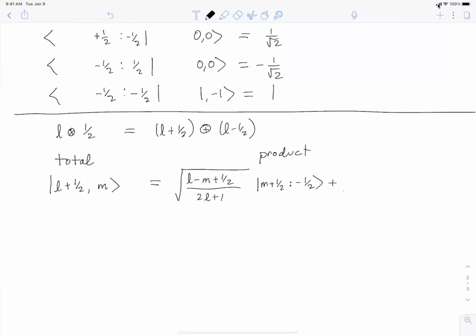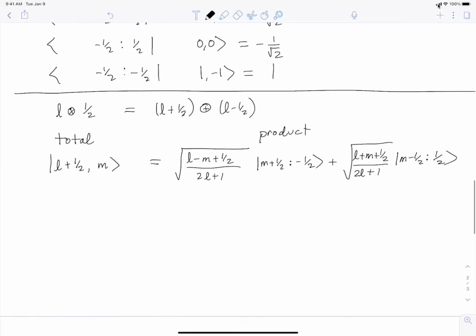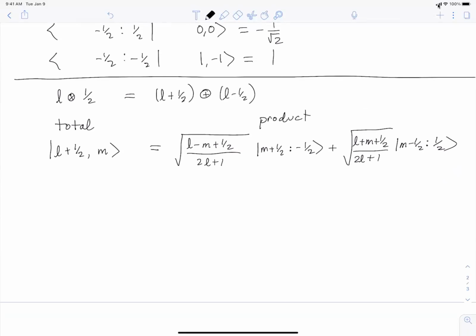And then there's another contribution, which is the square root of (L plus m plus 1/2) over (2L plus 1), |m-1/2, 1/2>. And we got this by using the J minus operator. Okay, and then by orthogonality, we got this one also.